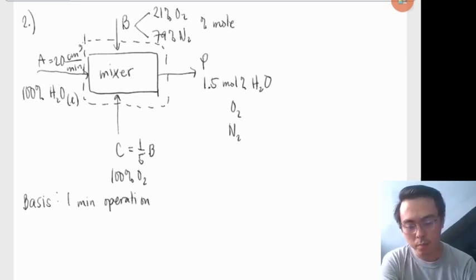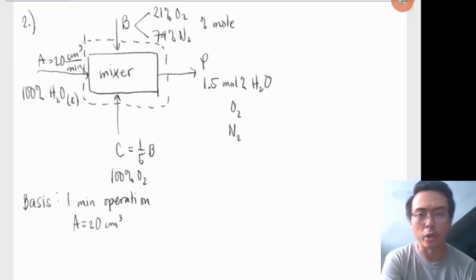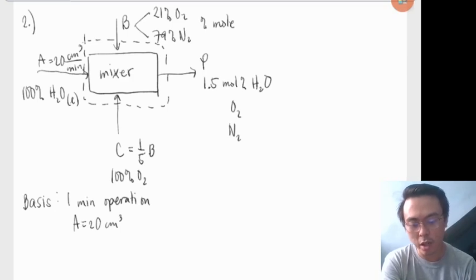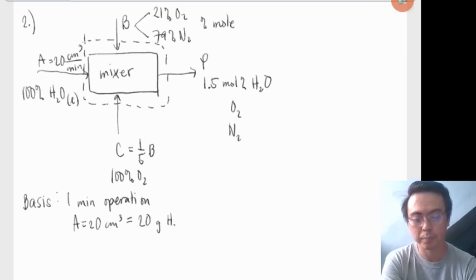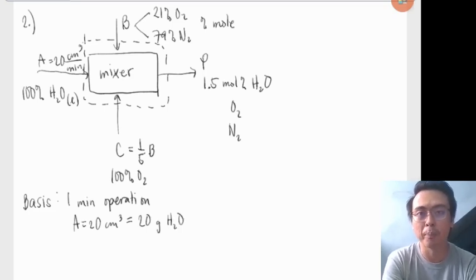After that, we now know that the value of A is 20 cubic centimeters. Since this is liquid water, you know that the density of liquid water is about 1 gram per ml, or 1 gram per cubic centimeter. You can also say that your stream A is 20 grams of water. So that is everything that we know.